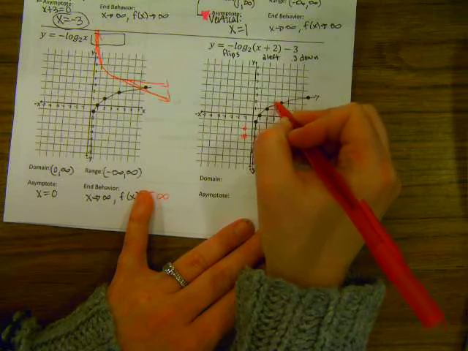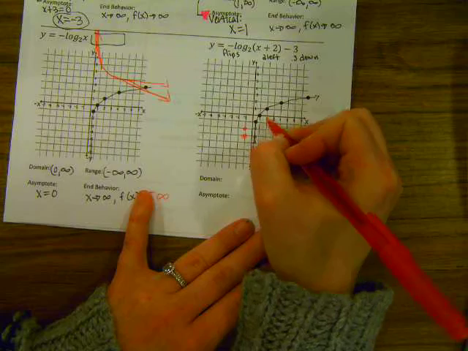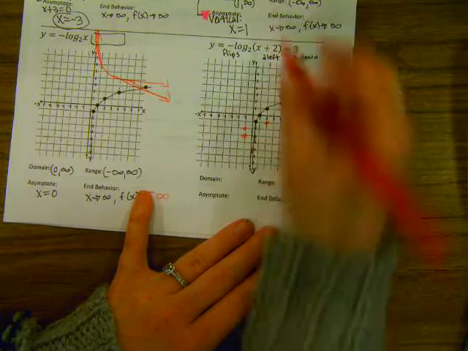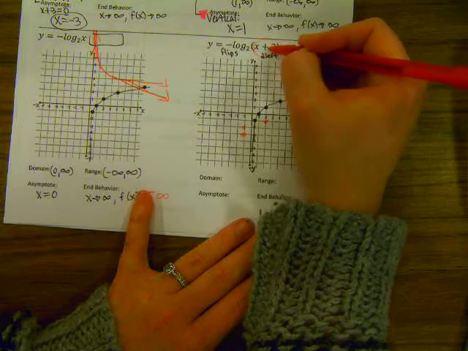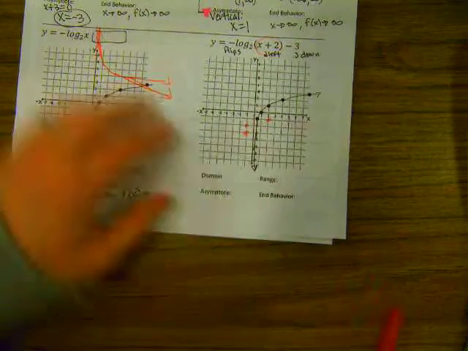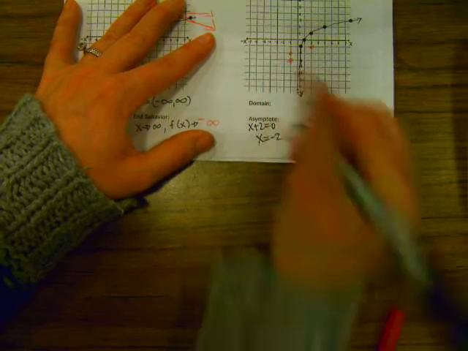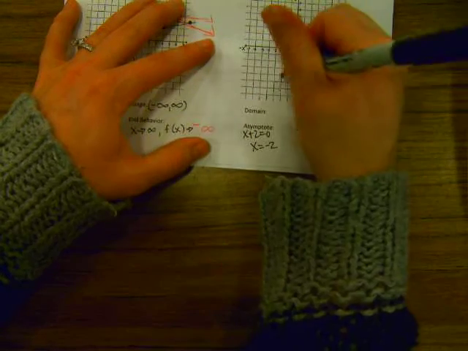Left 2, down 3. Now, the problem with this is our asymptote is still going to be at -2. So you set that equal to 0. There's going to be your asymptote no matter what. So I could draw that dashed line.